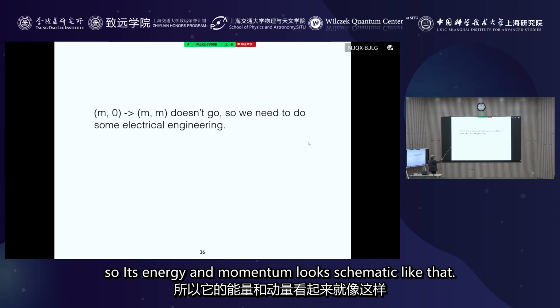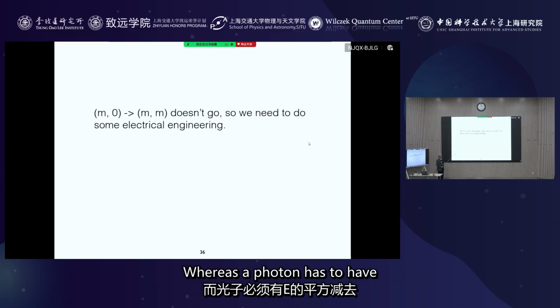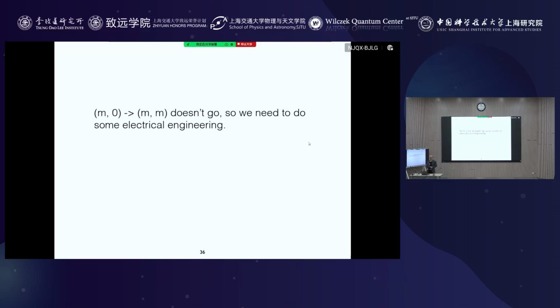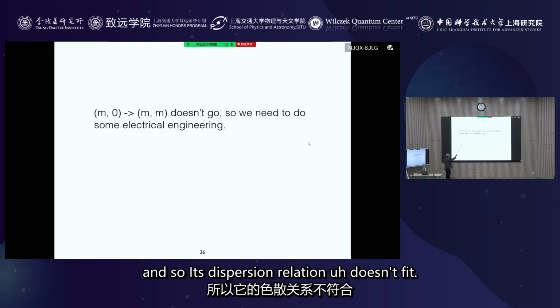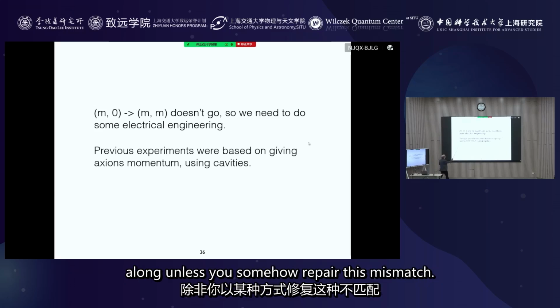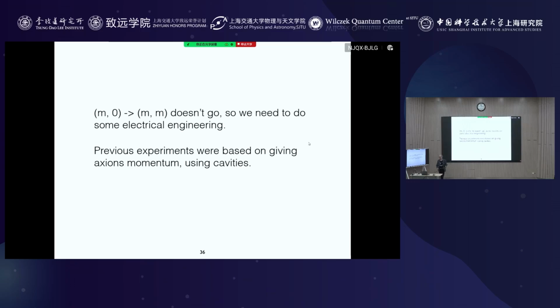So its energy and momentum look schematically like that, whereas a photon has to have E squared minus P squared equals zero. The photon is massless, and so its dispersion relation doesn't fit, and so there can't be resonance unless you help it along, unless you somehow repair this mismatch.